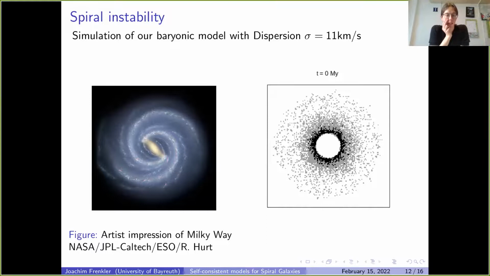On the right, you see snapshots of a simulation where the dispersion of velocities was taken to be 11 kilometers per second. This is quite a reasonable value. And to understand what happens in this simulation, you have to look at the accelerations which are active in the direction which is tangential to circular motions.